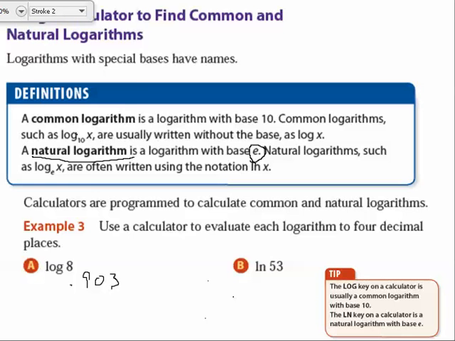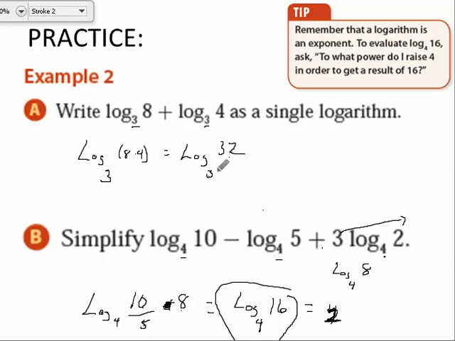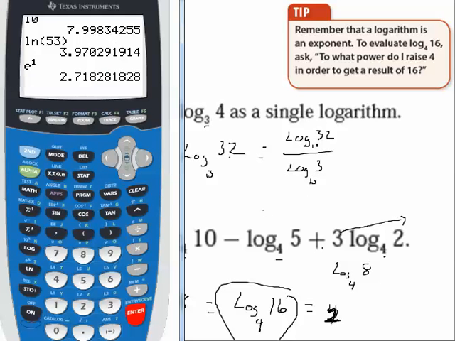So let's back up here. We had log base 3 of 32. I can actually rewrite that as log 32 divided by log 3. And what I'm doing is I'm actually saying base 10 here. Now that's something we can do on the calculator.